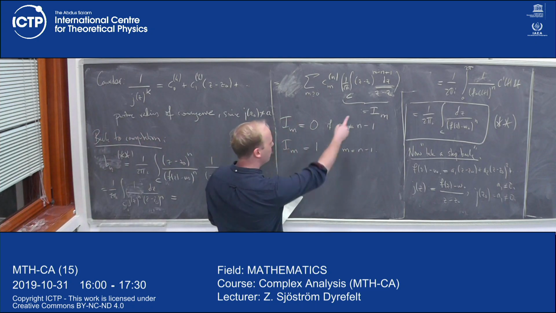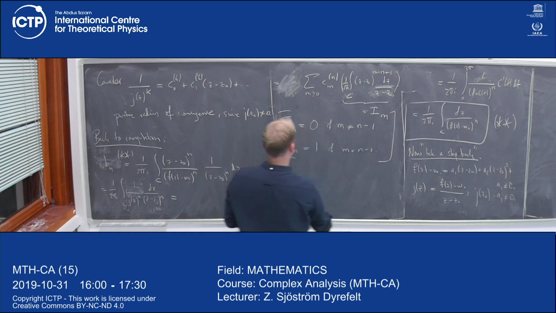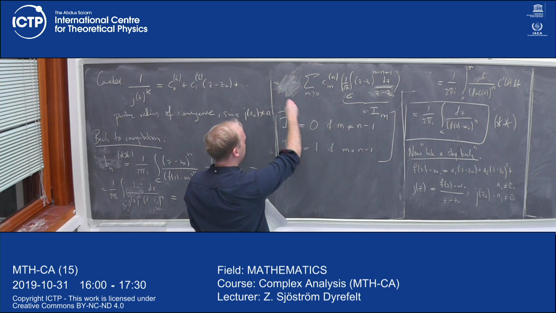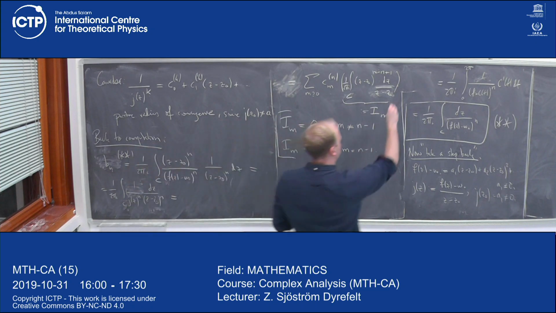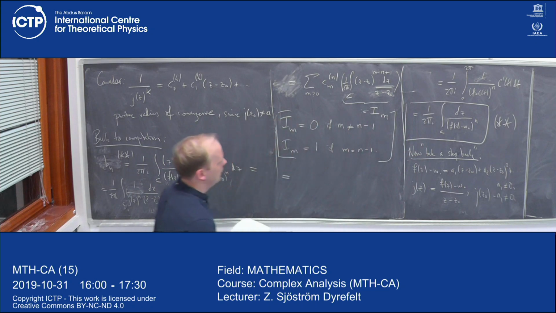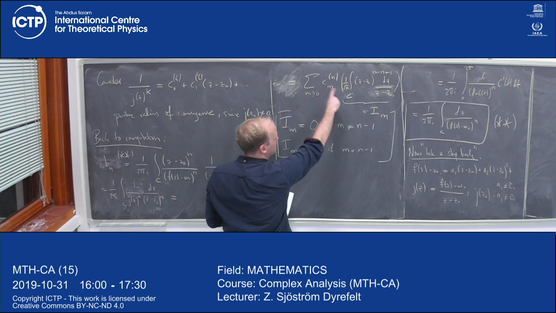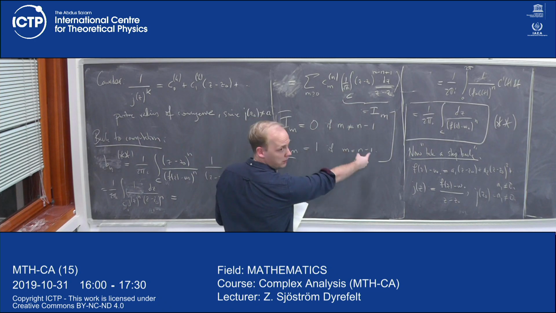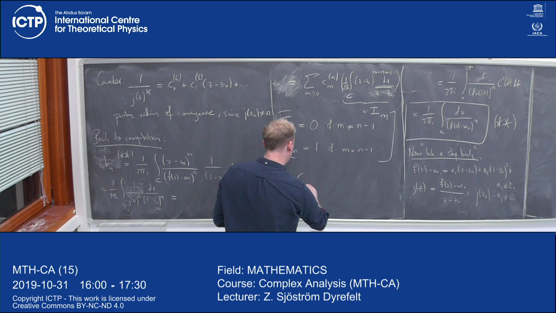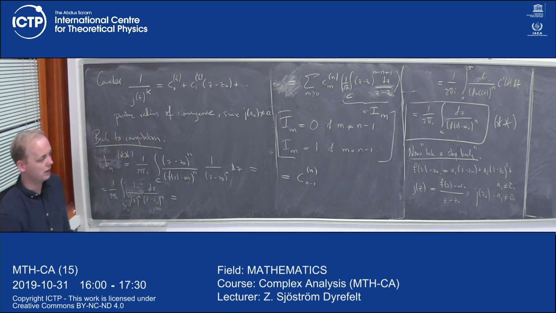Okay? So what does this mean? When I continue from up there, all of these are multiplied by 0 except when m is equal to n minus 1. So it is equal to c(n minus 1, n). It's equal to this coefficient.